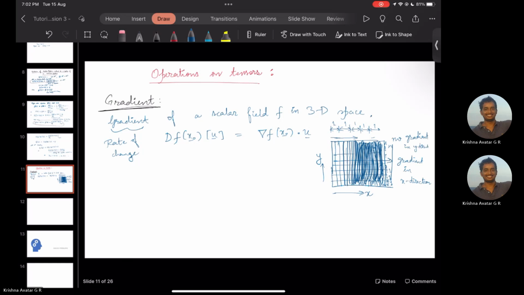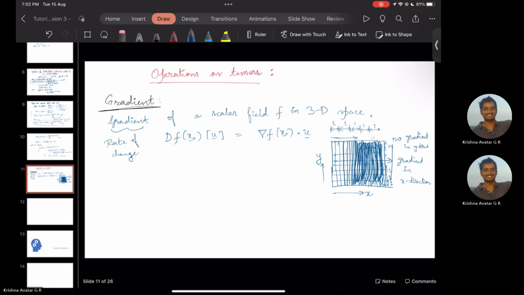I hope now you have understood the meaning of gradient. It is the rate of change of a quantity along some direction. But you need to define along what direction there is a rate of change. For that, we need the concept of directional derivative. In order to measure the gradient, we need certain directions.